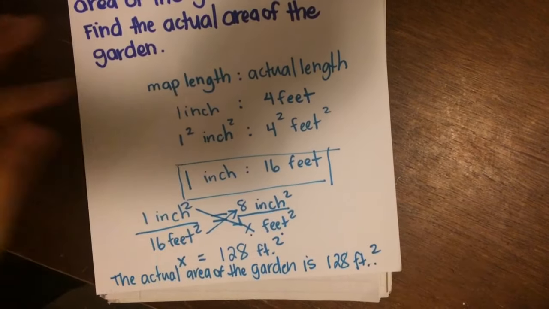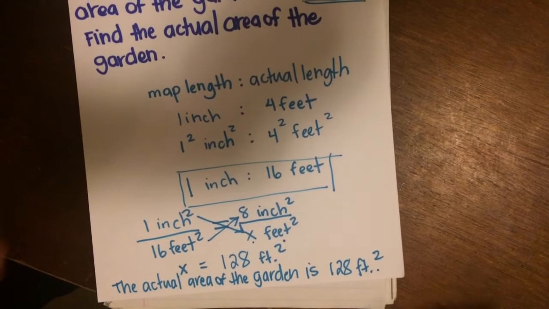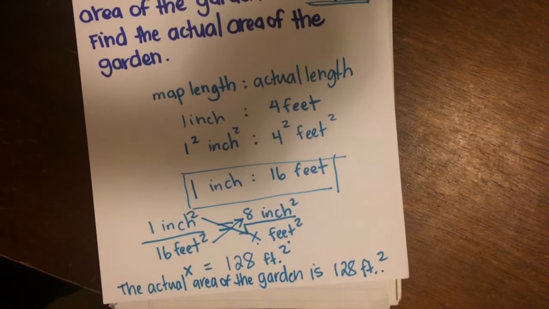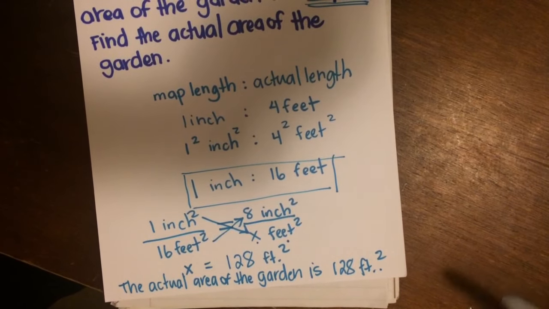And putting feet with that squared sign is a perfect way to say square feet. It works. All right. If you have any questions, make sure you ask the teacher around you.